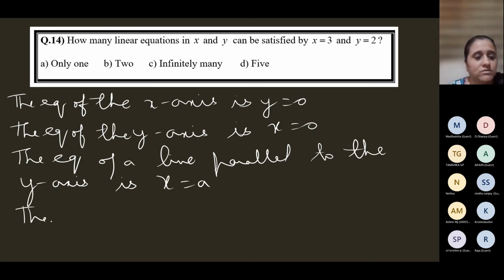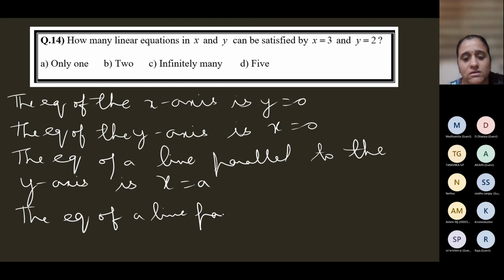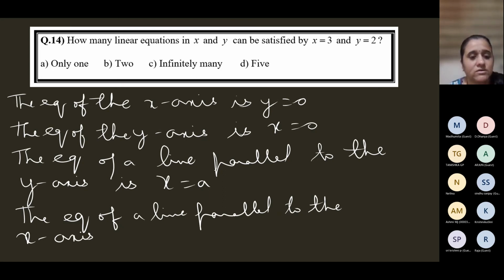So x is equal to some constant, a number. The equation of a line parallel to the x-axis is y is equal to b. You can say m or n also, some constant.